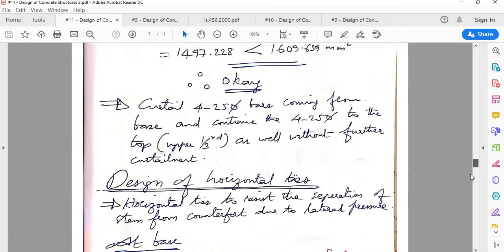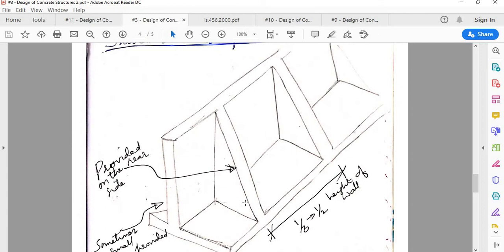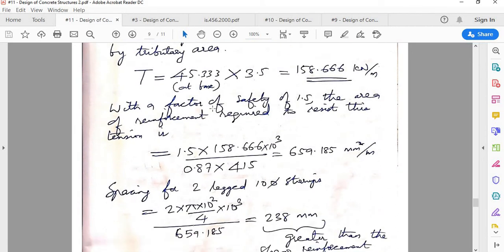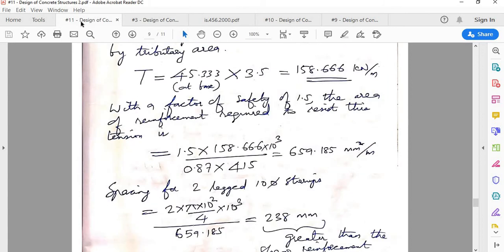Using that soil pressure, you multiply it by the width to get the total force acting at the base. Remember, we are considering the base right now. So this is the total tension that is trying to detach the interface between counterfort and stem.